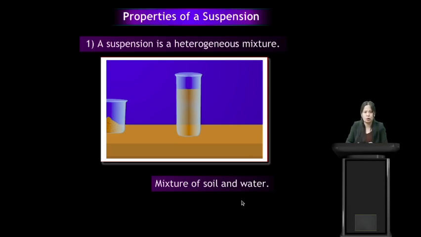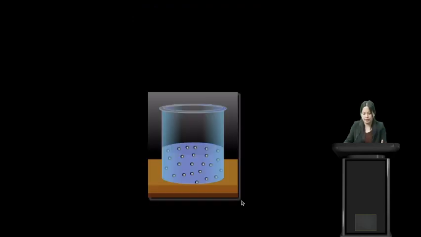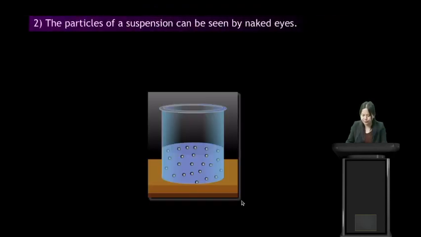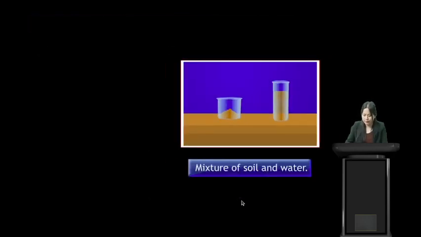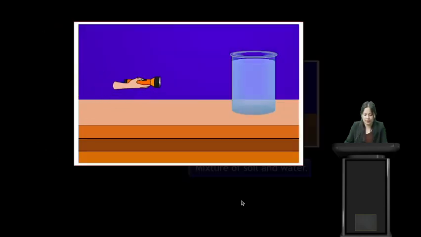It does not have the same composition throughout. The second point is the particles of a suspension can be seen by the naked eye. Particle size is larger than 100 nanometer in diameter.